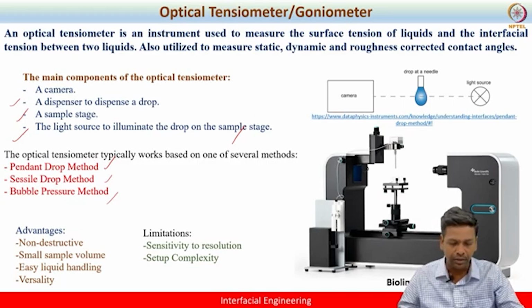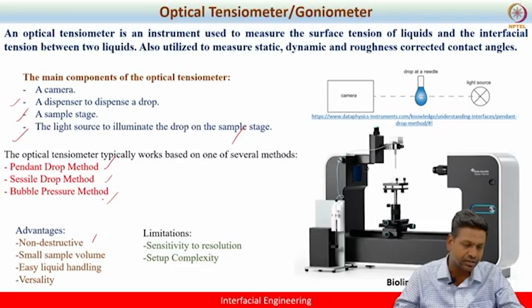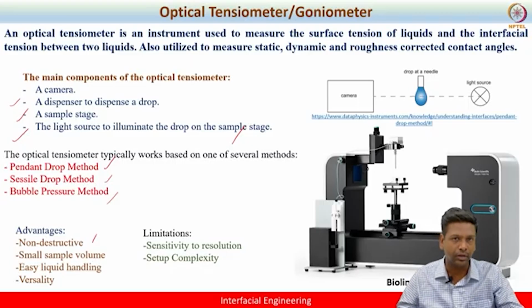So, what are the main advantages of this method and how does it function? There are several advantages of using an optical tensiometer. It is often done in non-contact mode, which means this device helps you determine the surface tension or contact angle using an imaging method.